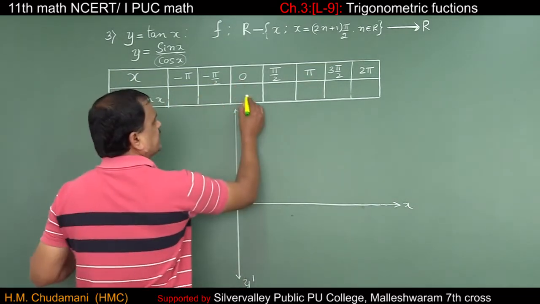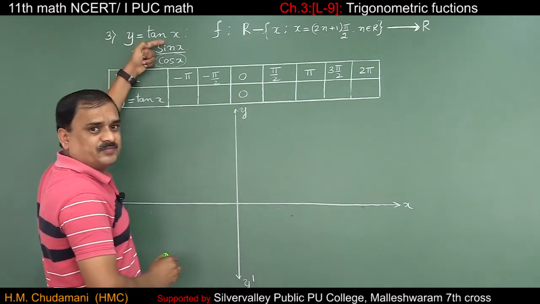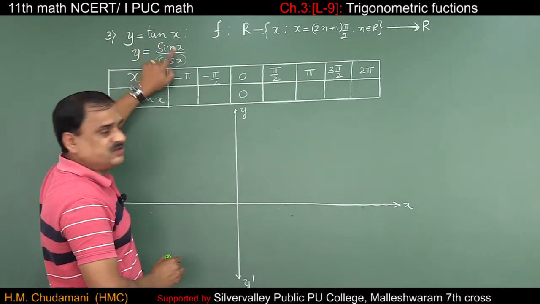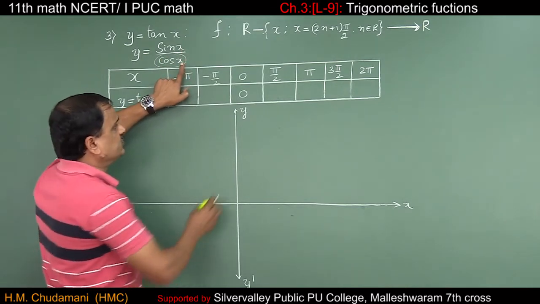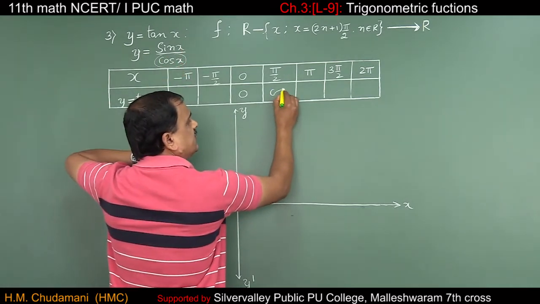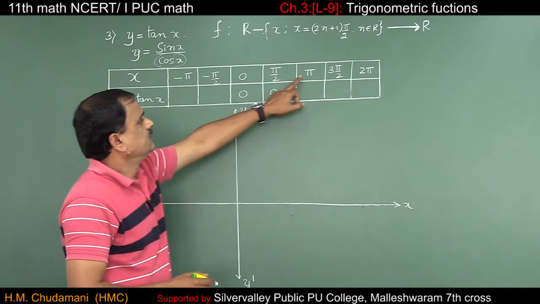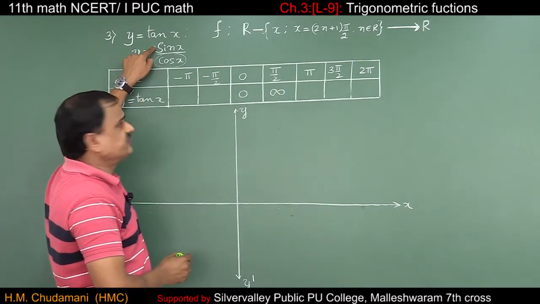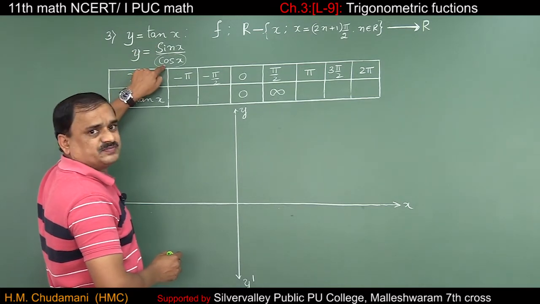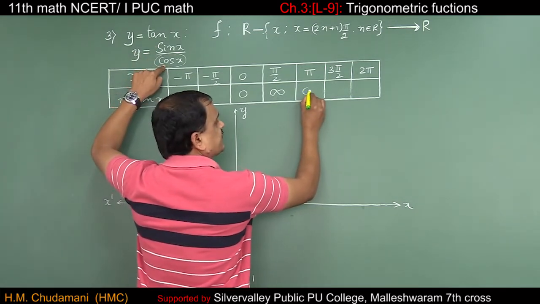Tan 0 is 0. Tan pi by 2 is sin pi by 2 divided by cos pi by 2. Sin pi by 2 is 1, whereas cos pi by 2 is 0. 1 by 0 is infinity. Then pi: sin pi is 0 divided by cos pi, which is minus 1. 0 by minus 1 means 0.